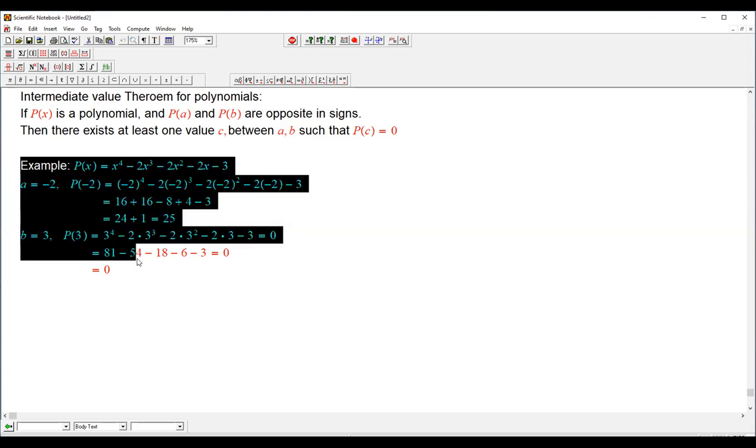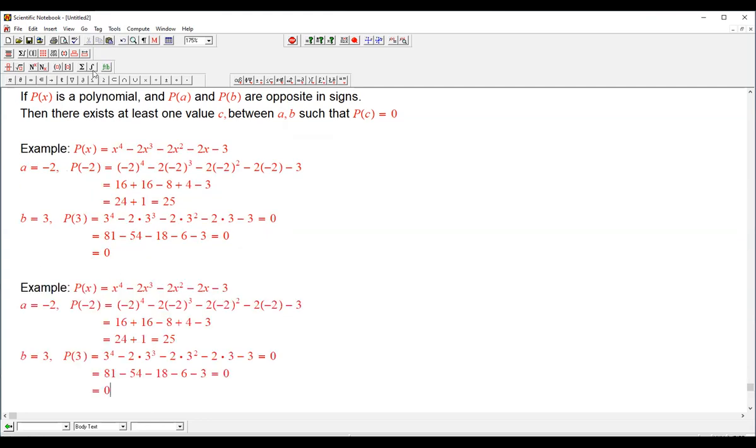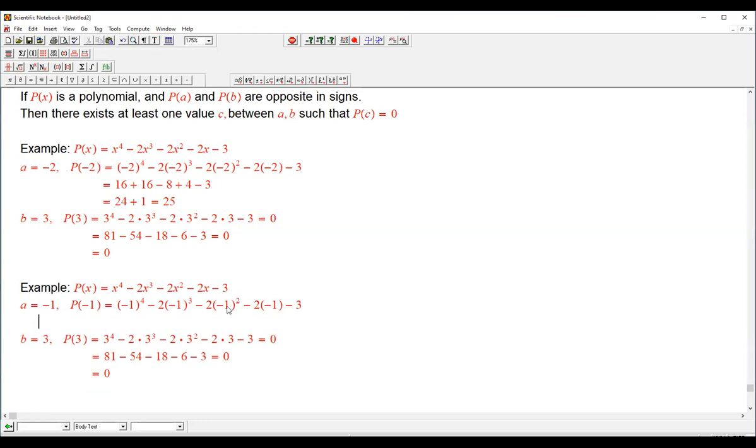Let's try another case. You can also see how this trial and error process can be. I still keep A equals -2. I'm going to choose B equals -1. How about that? That's for the fun of it. Now all of this is going to be redone.